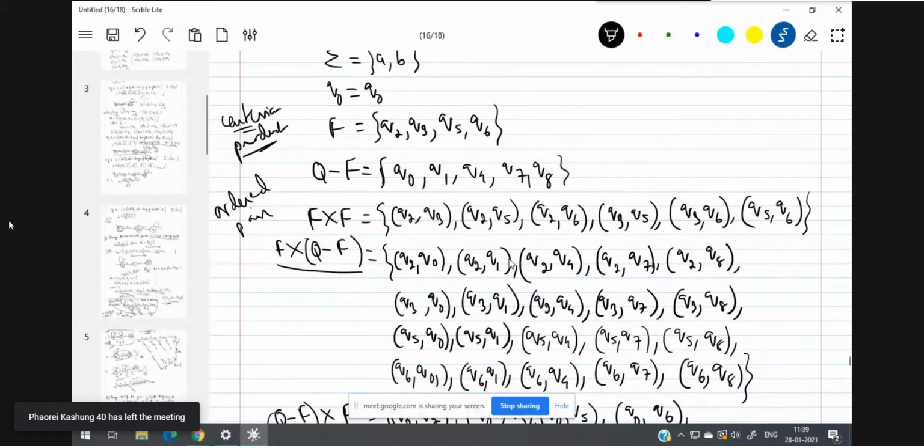F cross F, as per the written format, he has given that these are the few things which have been missed out. One of you just unmute your mic and inform me. Normal F cross F, this Q2, Q2, whatever he has mentioned in the group, it has to be there. But these things are not there in F cross F, which I have written on this page. Any idea why?